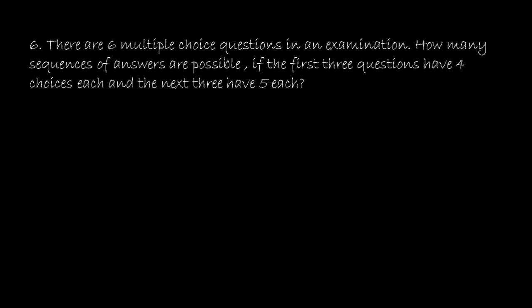The next one. There are 6 multiple choice questions in an examination. How many sequential answers are possible if the first 3 questions have 4 choices each and the next 3 have 5 each? Okay, there are 6 multiple choice questions.